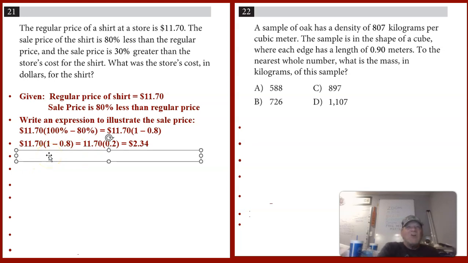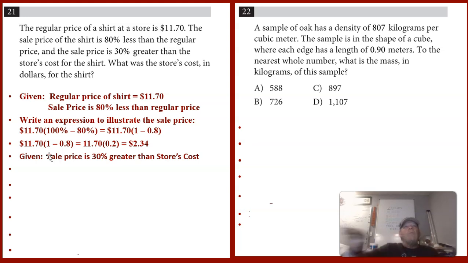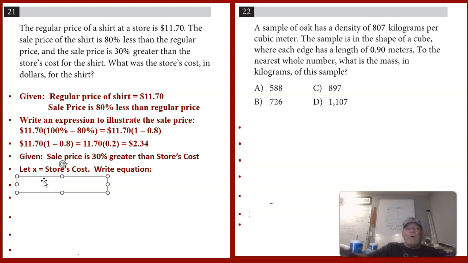All right. So, given that the sale price is 30% greater than the store's cost, the sale price is going to be $2.34. So let's say, let X equal the store's cost, and I'm going to write an equation now.